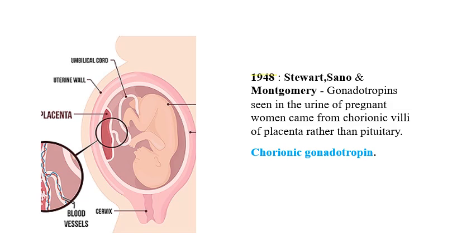In 1948, it was not known whether the gonadotropin present in the urine of pregnant women is derived from the pituitary or there is another source. Stewart, Shannon, and Montgomery discovered that the gonadotropins are derived from the chorionic villi of the placenta rather than the pituitary.